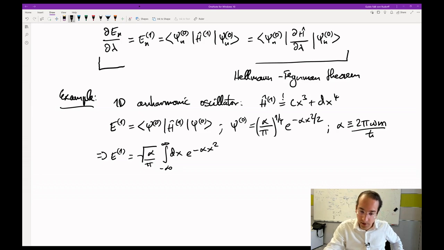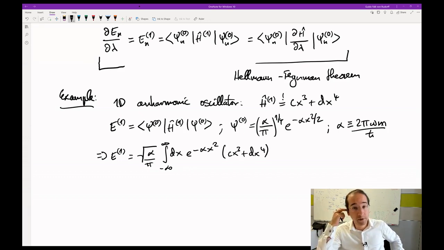Now we have this perturbing Hamiltonian, so that would be c x cubed plus d x to the power 4. That's exactly what this bracket does, right? It's the integral in space of the product of those two functions. And since this is a 1D case, it's only the one integral in x direction.